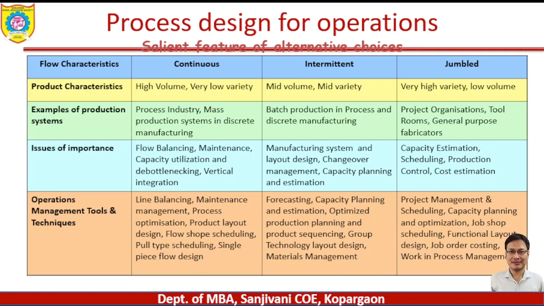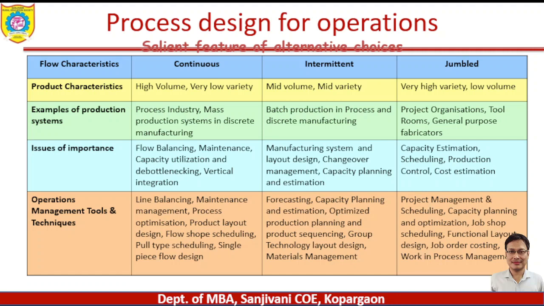This jumbled operations flow system allows you to manufacture an entirely different variety of product every time. And so it makes sense in manufacturing a single unit which is very huge in terms of volume and scale.